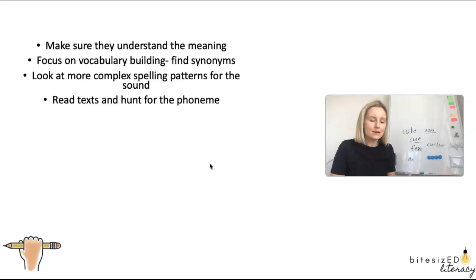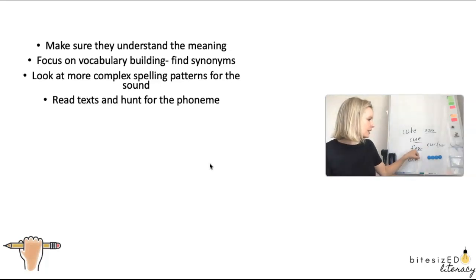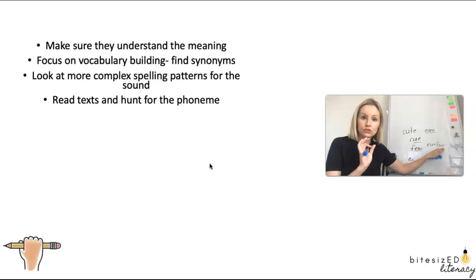And then the next step would be, as opposed to just going, okay, here's some longer, trickier words with the EW pattern, and I'm not saying not to do this, I'm just saying that we stop at this point. So I'd give them a few trickier words, but still we want to make sure they can explain the meaning, they can find synonyms for those words, okay?